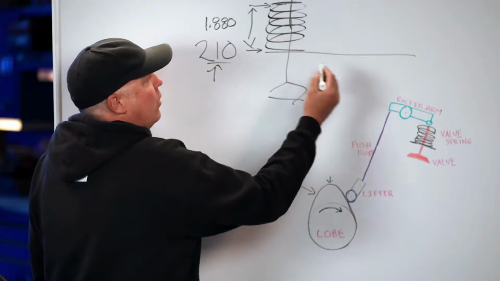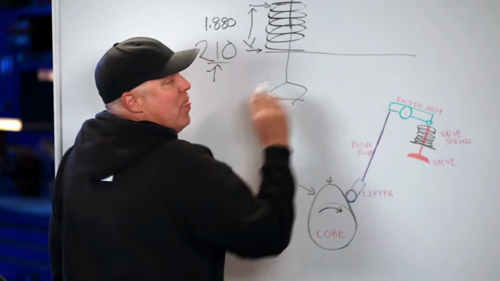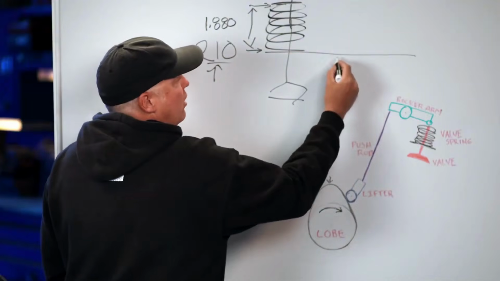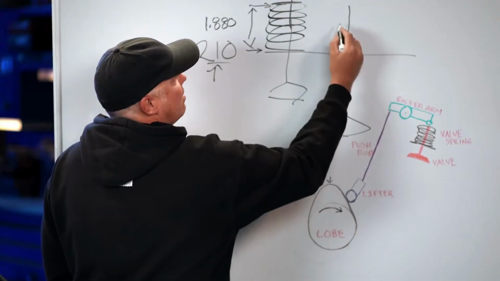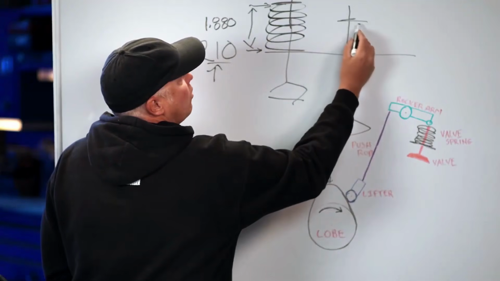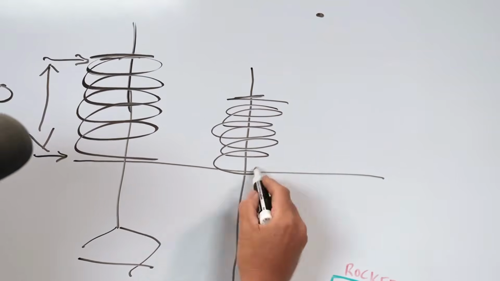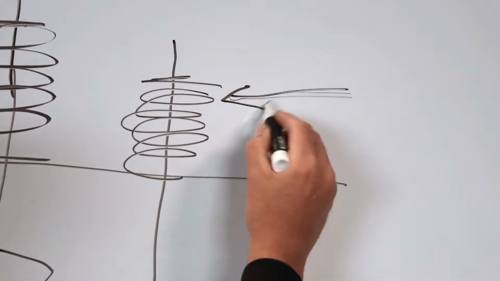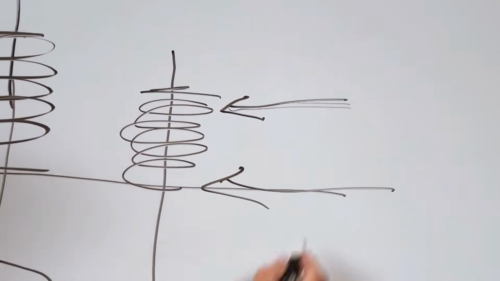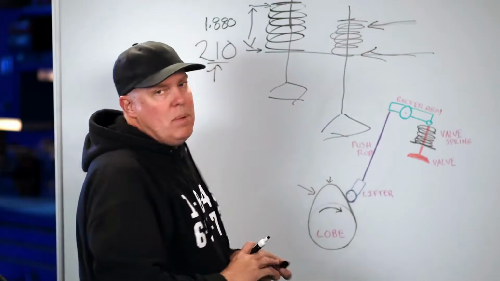Now, the next thing that we're going to look at is, let's say we've got that same spring, but this time, this valve is open down here like this. So therefore, the spring has been compressed. And once again, right here, you've got the underside of the retainer, and right here, you've got where it's sitting on the cylinder head. You can see that it's been squished.